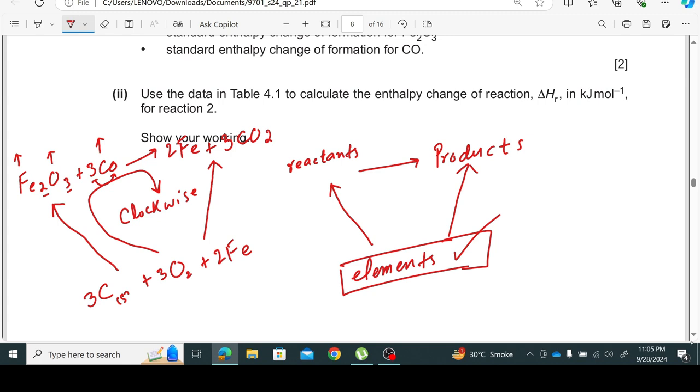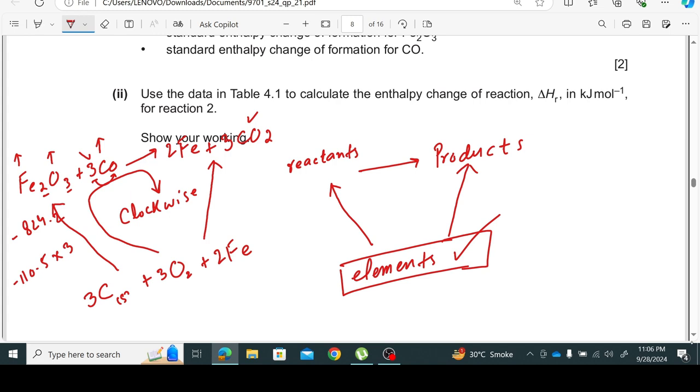Fe2O3 formation is given. It is minus 824.2. And for CO, it is given minus 110.5. Because we are using 3 moles of carbon monoxide, I am multiplying it by 3. Understand? So what about the right hand side? Carbon dioxide, here it is.